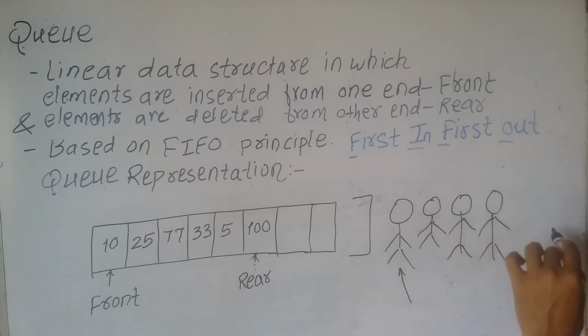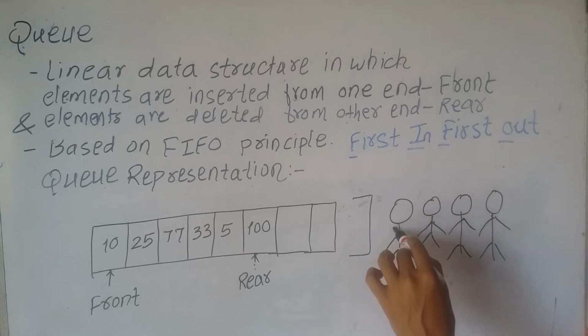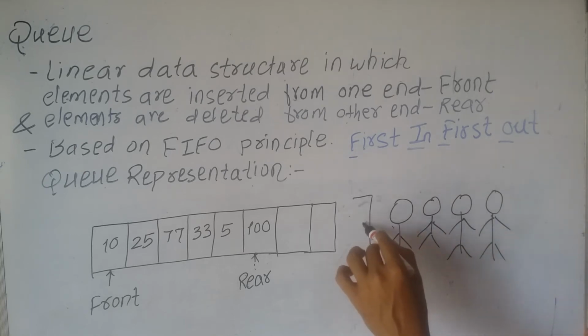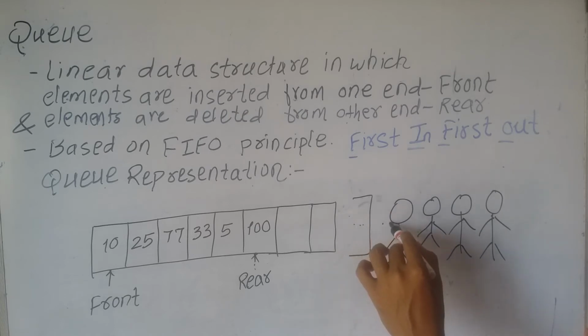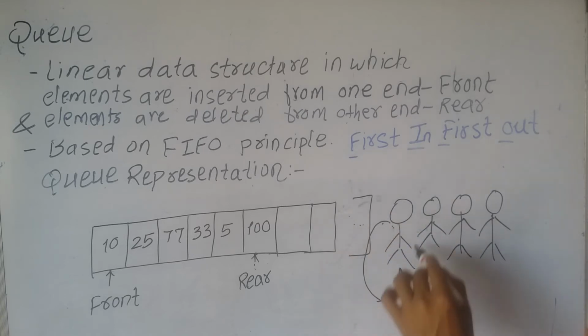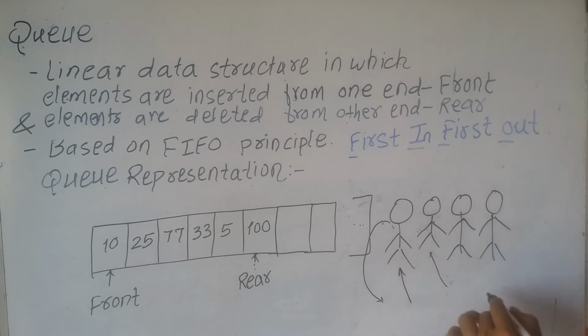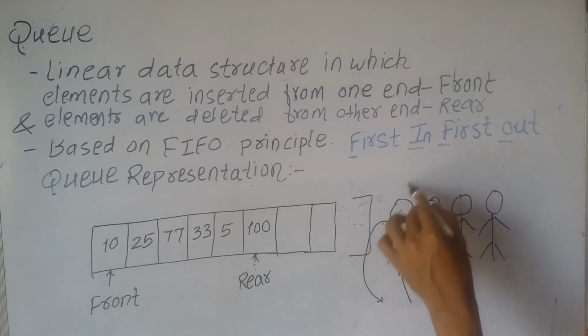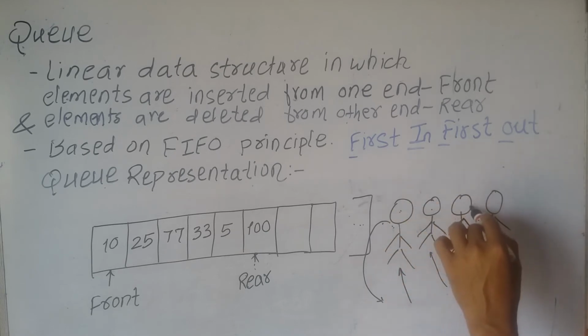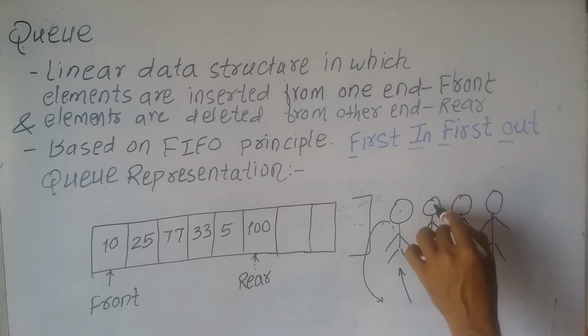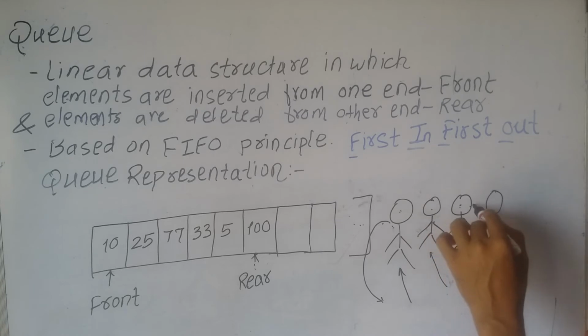The person who comes first is serviced first by the cashier, and then goes out. The second person who comes stands behind the first person. The third person stands behind the second one, and like that.